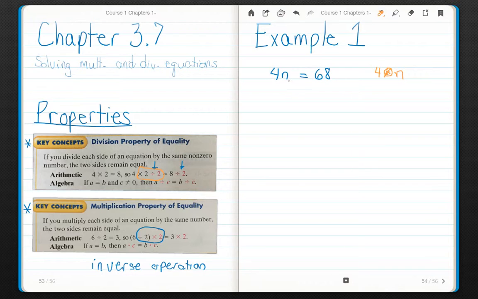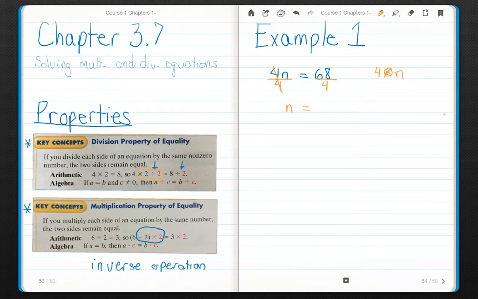Because this is multiplication, I need to use the division property of equality to divide both sides by 4. And I'm going to show that by writing the division like a fraction. 4 divided by 4 is 1, so these two cross cancel, and 1 times n is n. n equals 68 divided by 4.